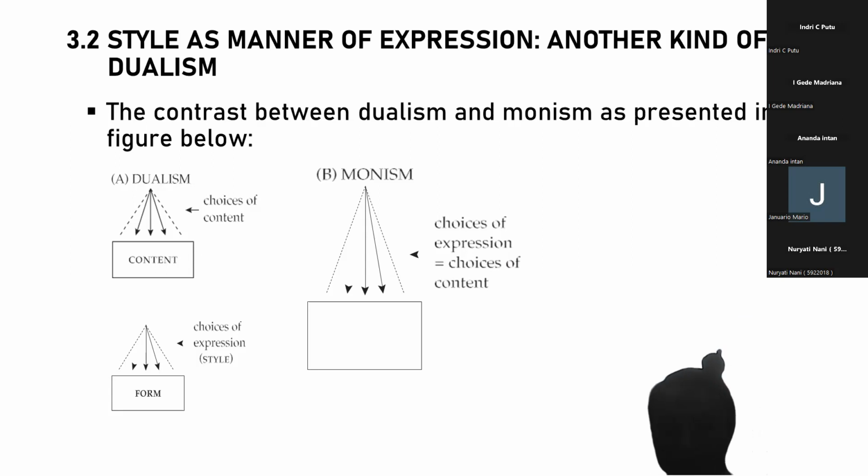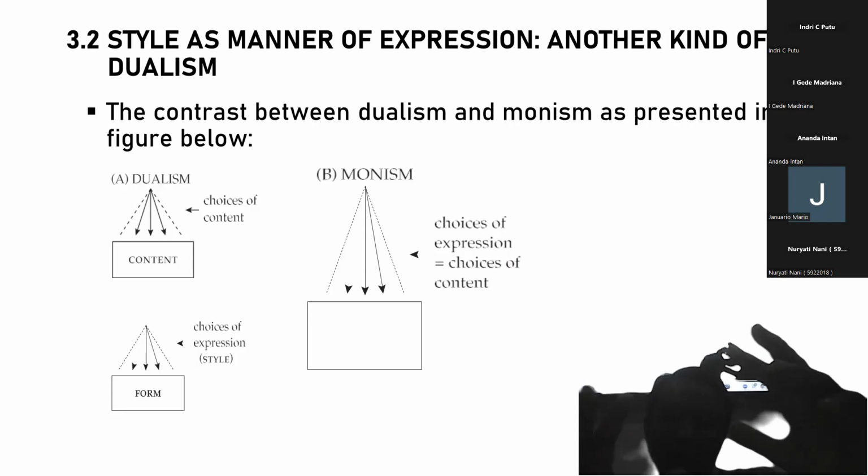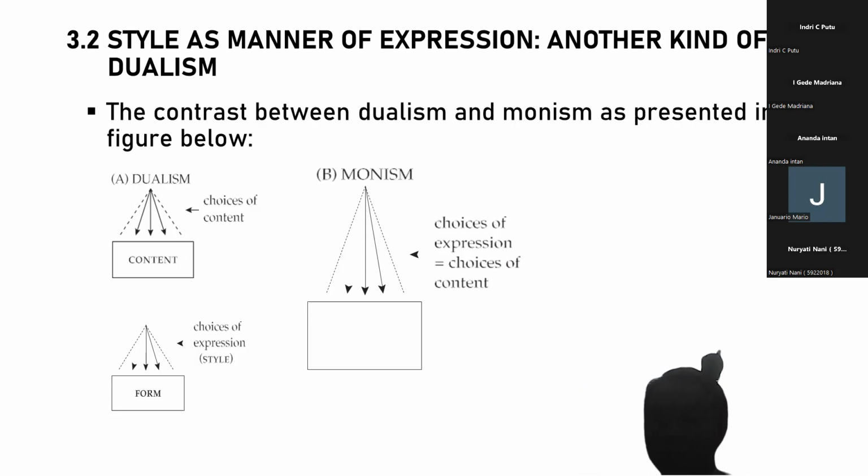Dualism and monism are constructed differently. In dualism, there will be content and form. In monism, there is the influence of choices of expression, but there is no product here, no result from the monism.